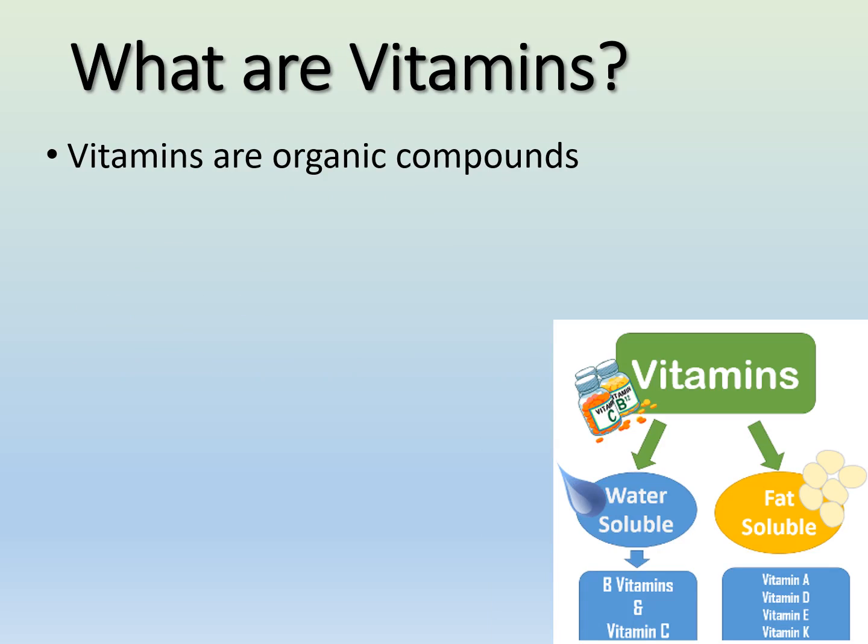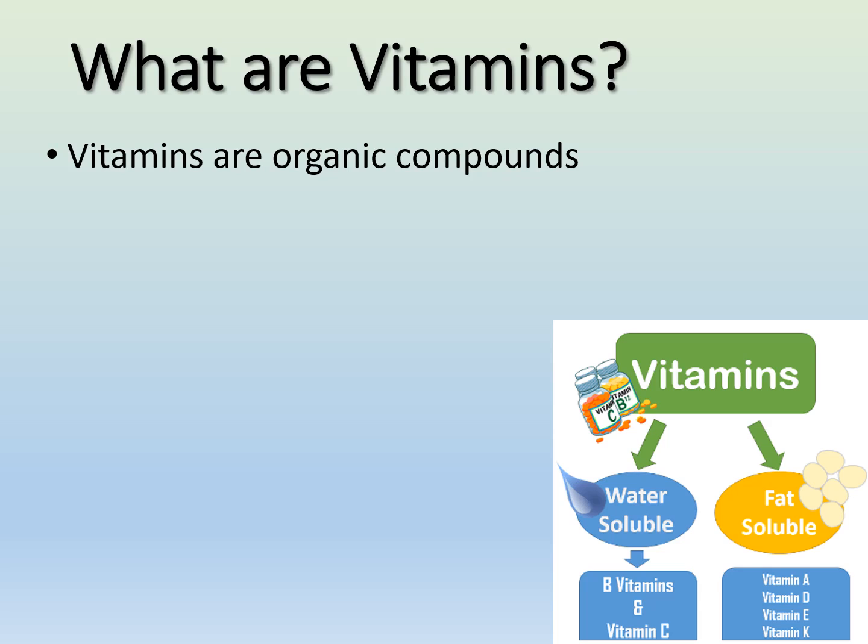So what are vitamins? I think a lot of us can recognize most vitamins. Either it's in the name or we know some vitamins that we need and maybe take vitamin supplements, things like that. But what are they? They're just organic compounds.